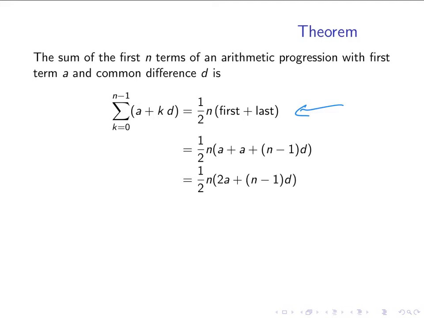Now, on the first slide, we had already shown that the last term would have this form. It's a plus a multiple of d, where the multiple of d that we're using is 1 less than the number of terms. So we can simplify this expression all the way to this point, but you can see how it gets kind of complicated. So knowing all of these different forms has some value in the exercises that we'll do.